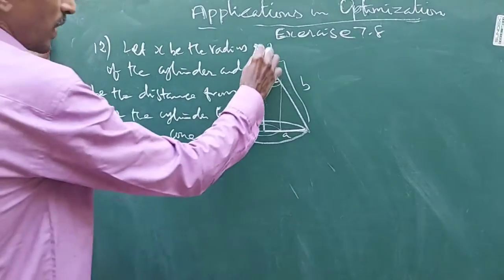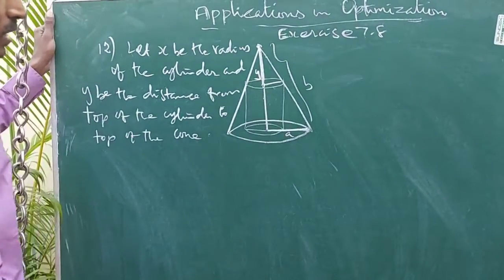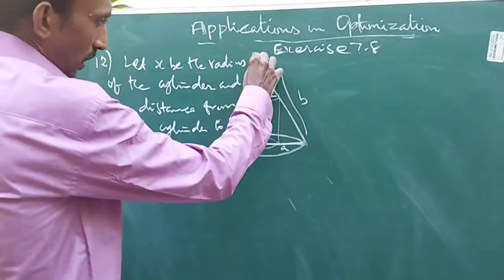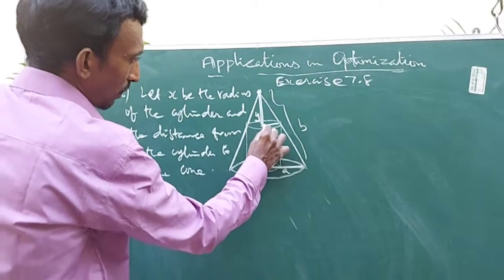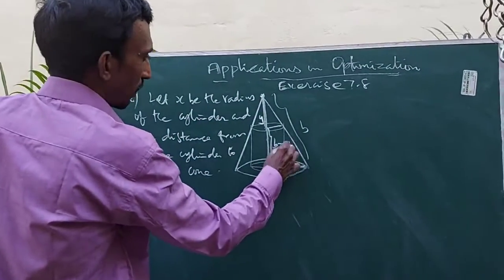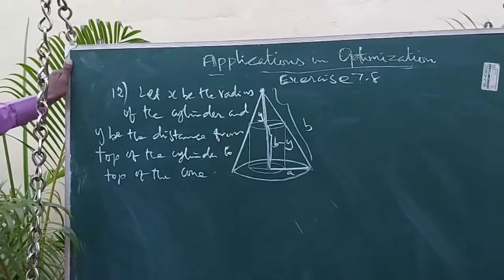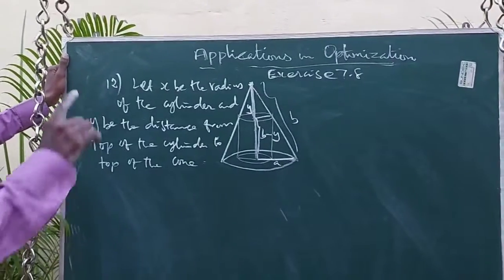So we can assume this distance as y. So totally the height is B. So this is y. That means the height of the cylinder is nothing but B minus y.